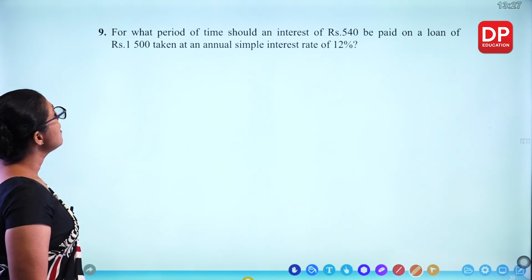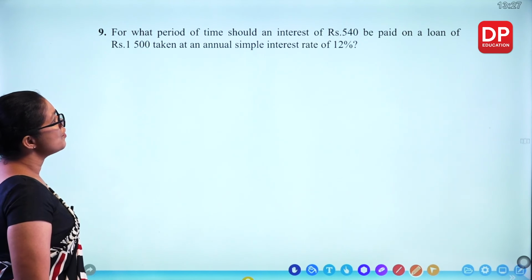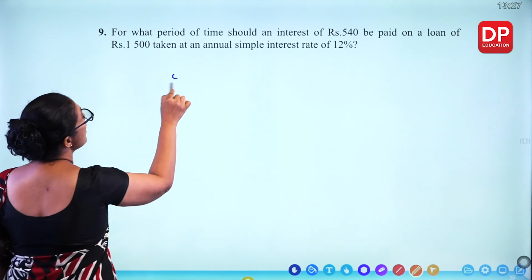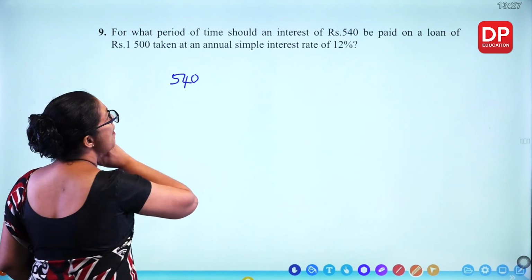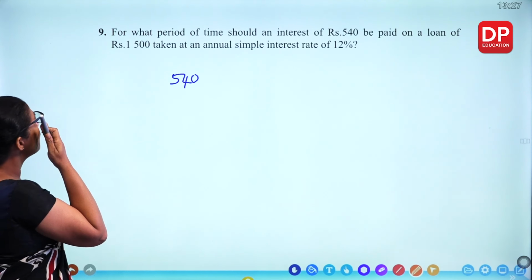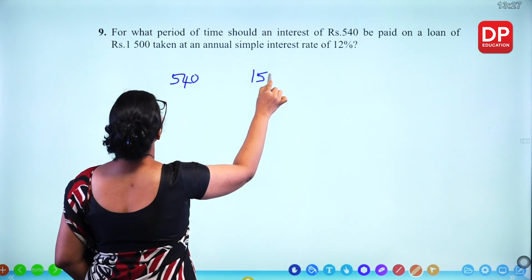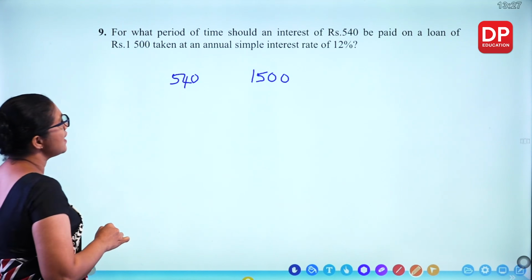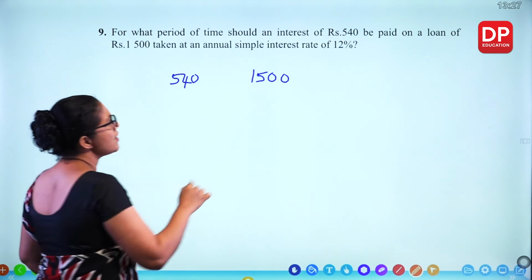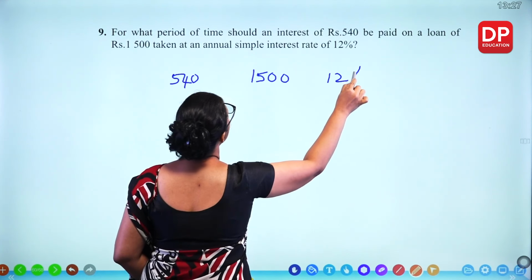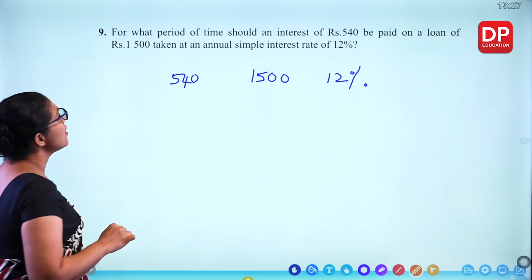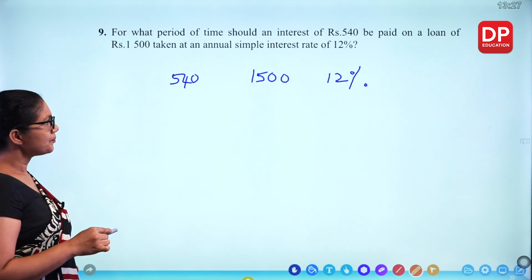Question number 9. For what period of time should an interest of 540 rupees be paid on a loan of 1,500 rupees taken at an annual simple interest rate of 12%? So you are asked to find out the period of time.